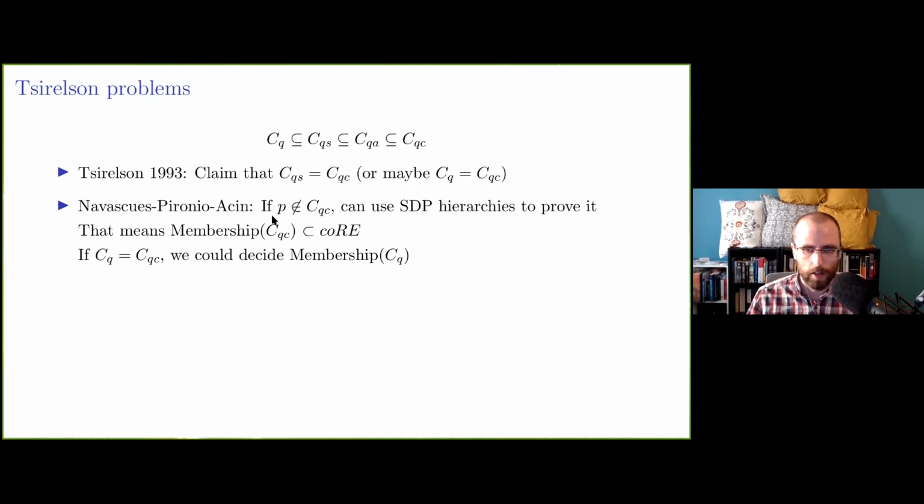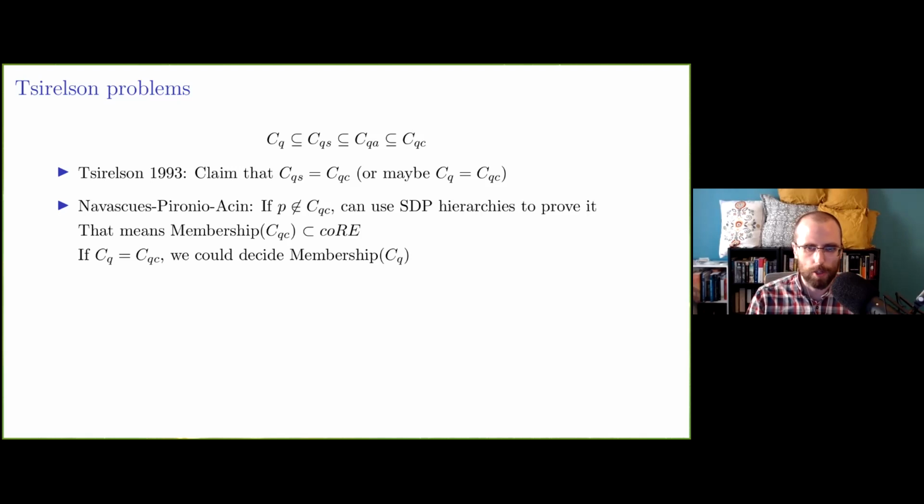They noticed that if you wanted to show that P is not in CQC, you could use what are called SDP hierarchy methods. Basically, you can find a list of semidefinite programs such that if P is not in CQC, by looking at the optimal values of those, eventually one of them will tell you that P is not in CQC.